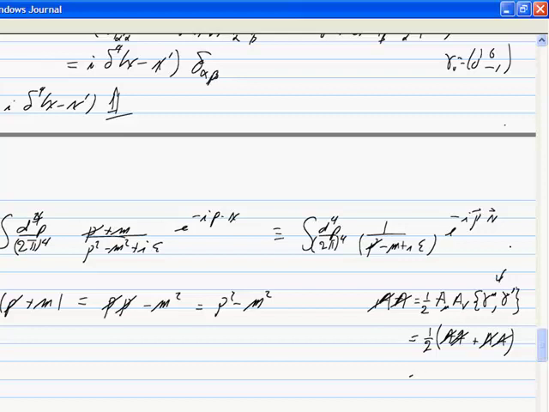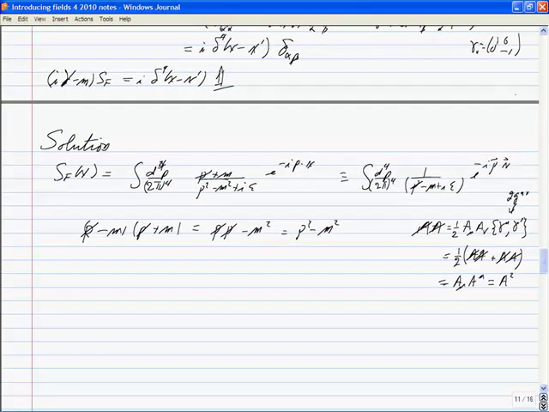And then, since that anticommutator is 2 g mu nu, this just turns into a mu a mu, which is what we mean by a squared. So this second form here just follows by using this identity: p slash minus m times p slash plus m is p squared minus m squared. The numerator cancels. You're left with that.